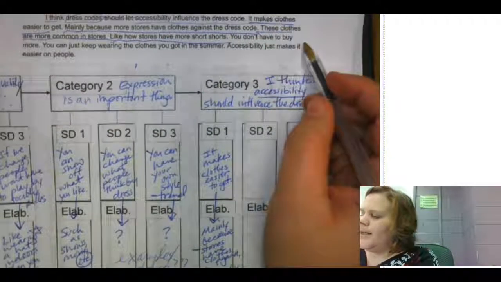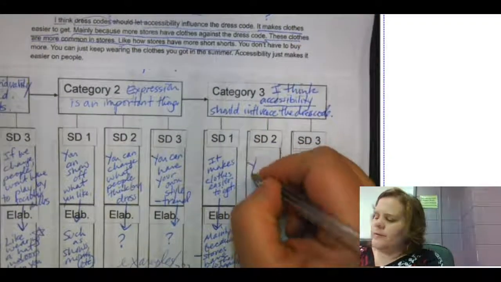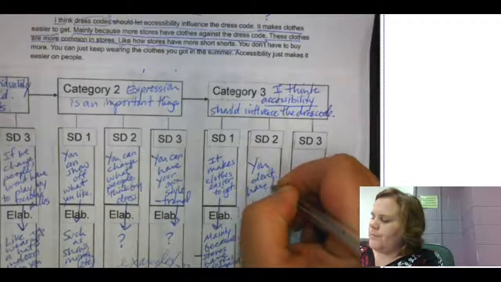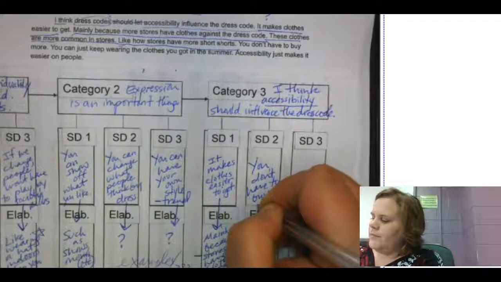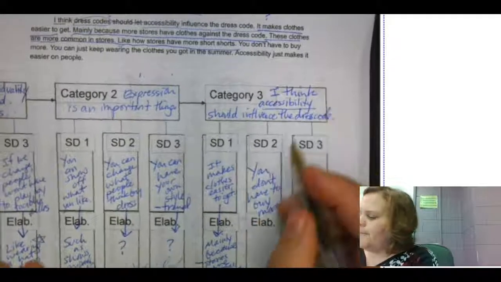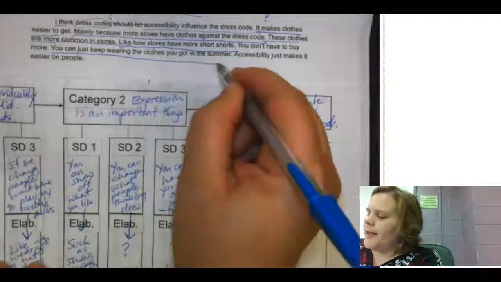You don't have to buy any more. I'm assuming that would be a detail. If it's accessible, you don't have to buy them. Okay. You can keep wearing the clothes you got in the summer.